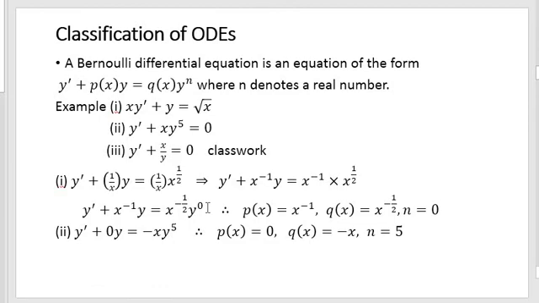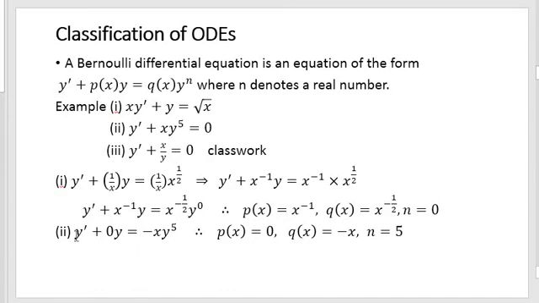For example, in this one, we have y to the power 0, and we know that y to the power 0 is 1. So we can write this as a Bernoulli equation where p(x) is x to the power minus 1 and q(x) is x to the power minus half, and n is equal to 0.